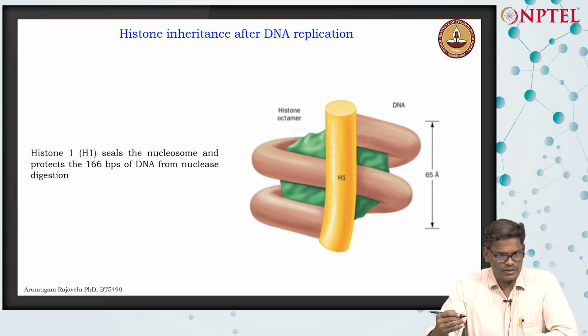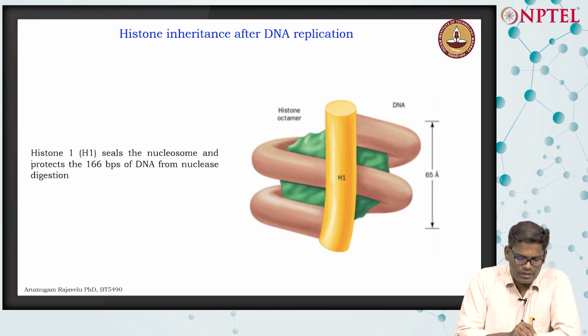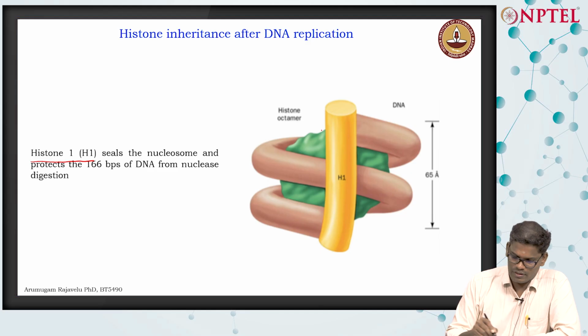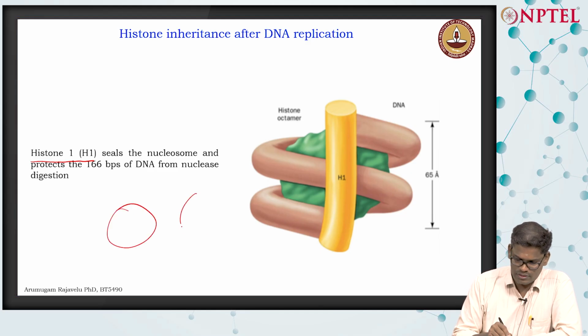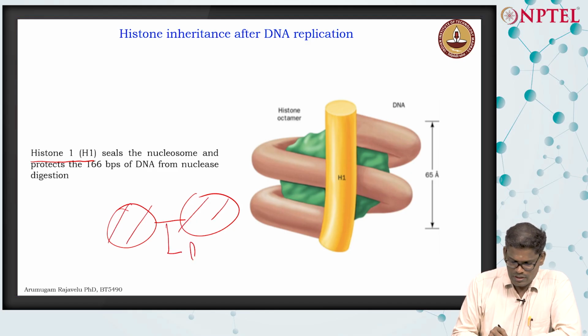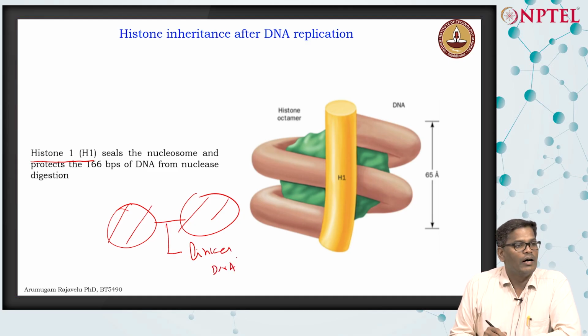Right. So this is the histone assembly, and then the histone H1 protein, an important linker protein. You see, this is the linker region, right? The linker region is linker DNA, which is roughly 40 to 50 bases.